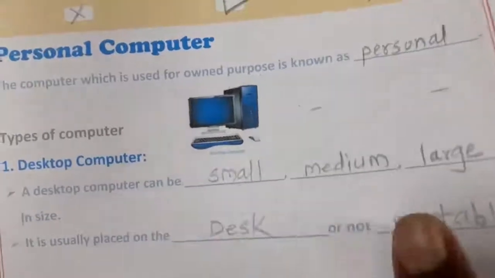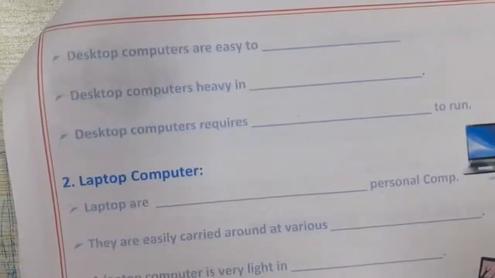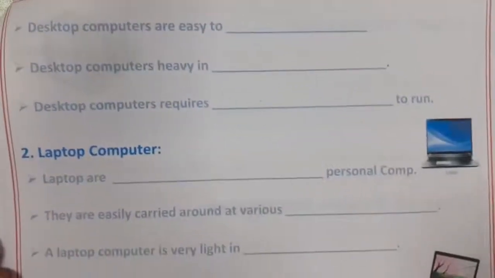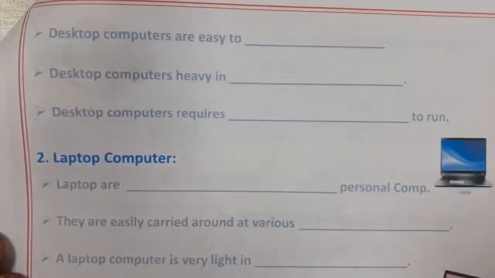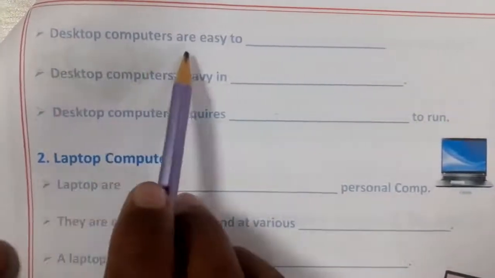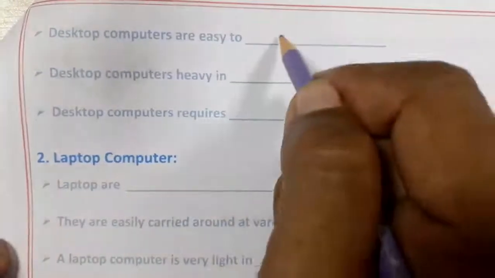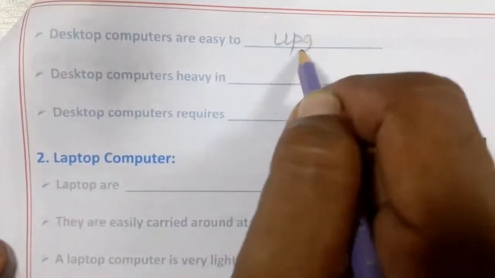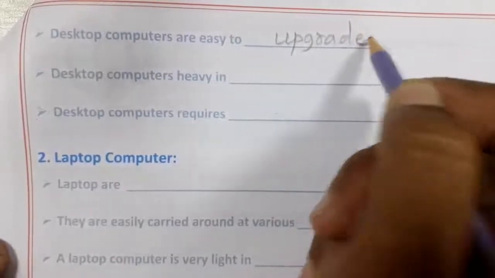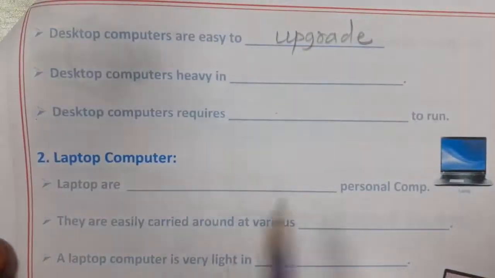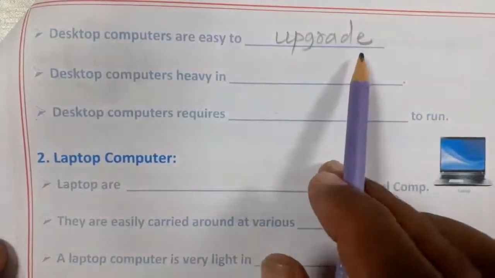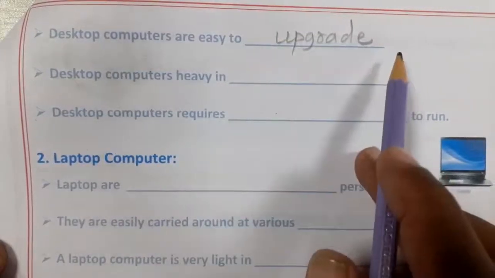Now next, turn the page. See what is inside this page. Desktop computers are easy to upgrade. What you write here? Upgrade. Means we can easily modify. Upgrade means we can easily change.